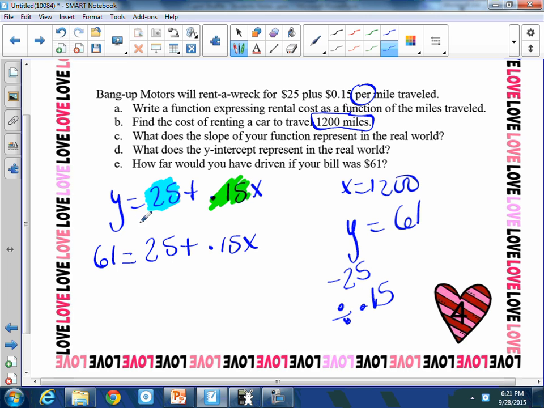Take away 25 because that's positive, it's added, and divide by 0.15 because it's multiplied by the x. So I'm going to say 61 minus 25 divided by 0.15, and you get 240 miles. And this was money. Sorry about that.